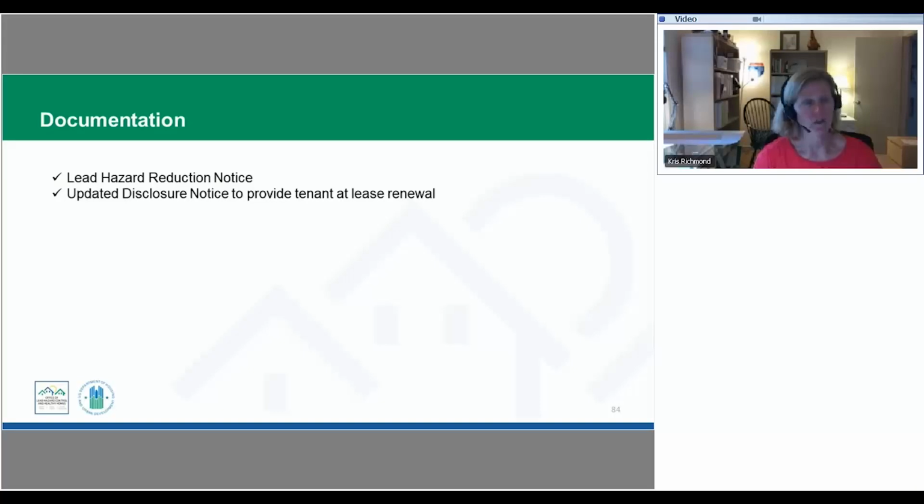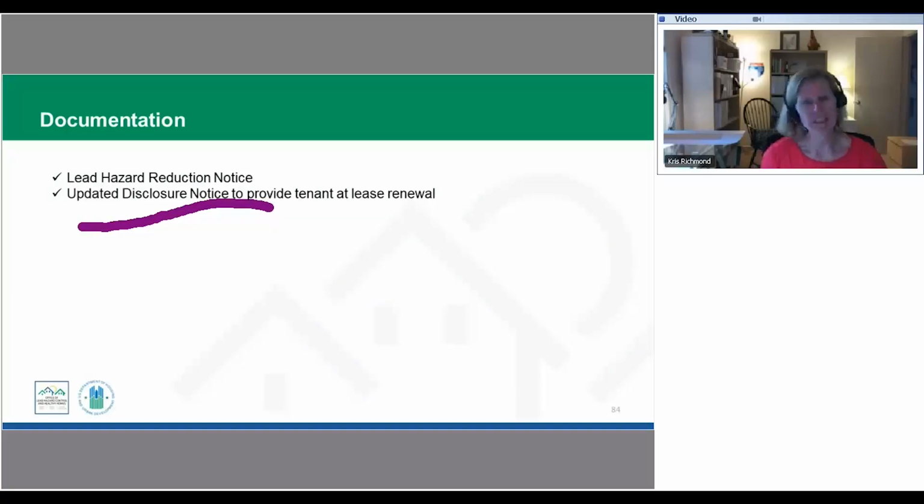Since we now know that there's a change to the unit and the common areas servicing the unit, we would need to provide an updated disclosure notice. So we want to make sure that we have documentation of that being provided to the tenants at lease renewal. Again, make sure it has recent dates on it, signatures of the tenant, as well as disclosure of any reports.